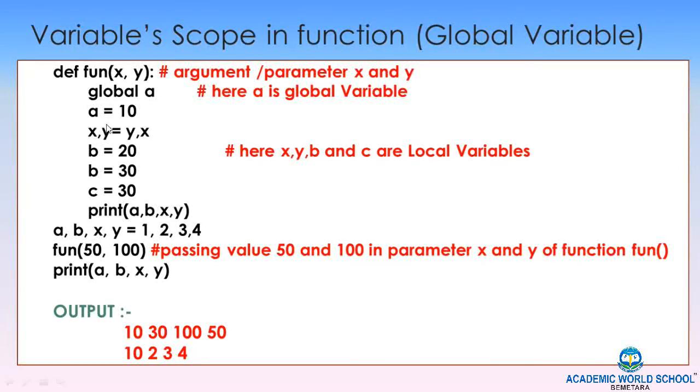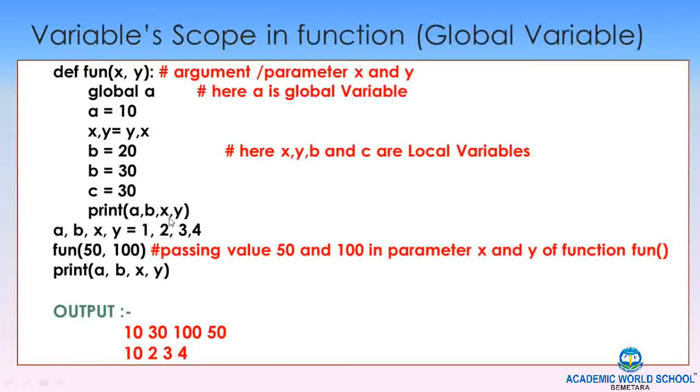The value of x was 50, but after swapping the value of x is 100 and the value of y is 50. B is equal to 30. Now the print statement prints A, B, X, Y. The value of A is 10, the value of B is 30, the value of X is 100 and the value of Y is 50.